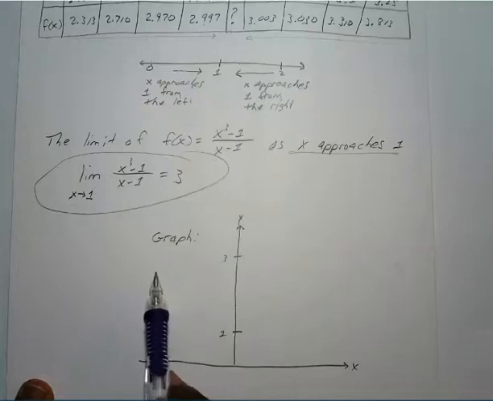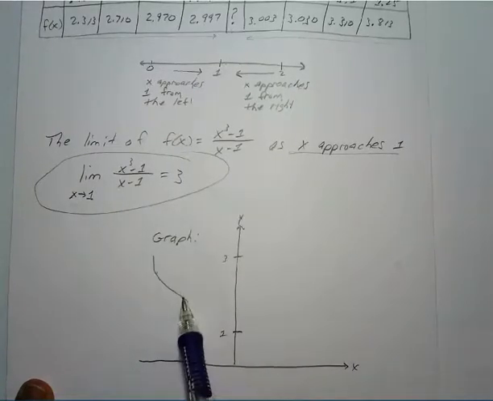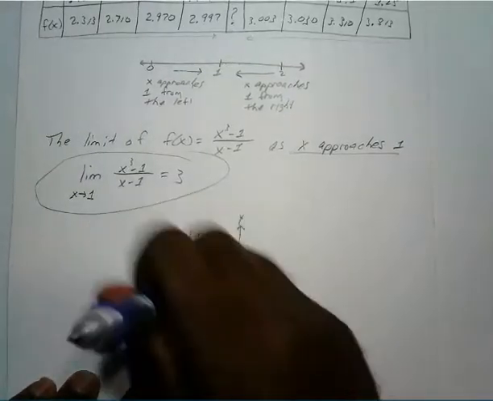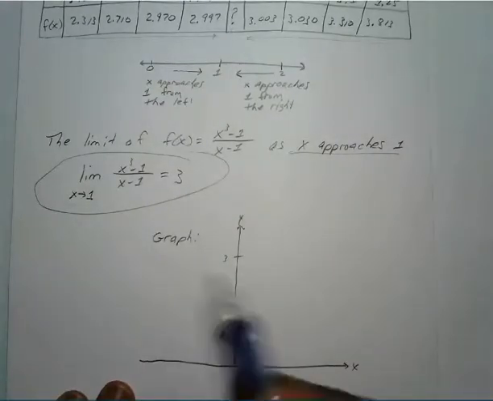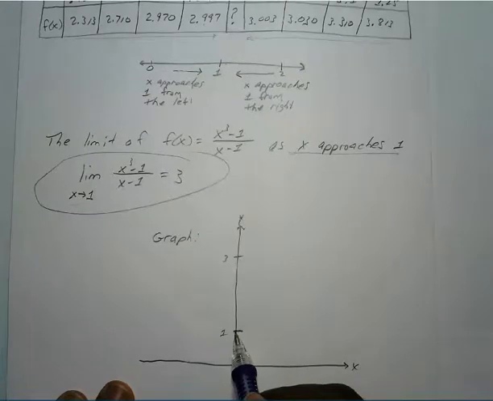Okay, so your graph will look something like, kind of clean that up. And word of warning, I do not have the steadiest drawing hand, so you will see quite a bit of erasing going on.